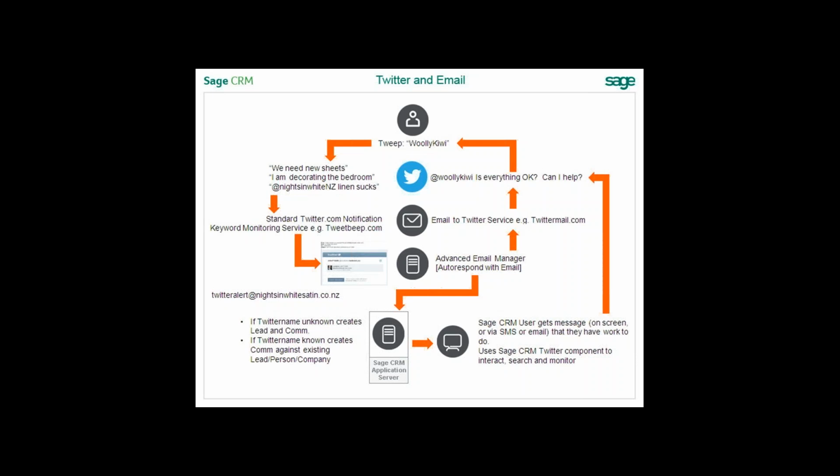If it's an unknown contact making these tweets, then you could create a lead, and if it is known, then you can find the existing Twitter user and add the tweet to their record. So you can interact with CRM, creating the contact if necessary, or updating the contact if more appropriate.